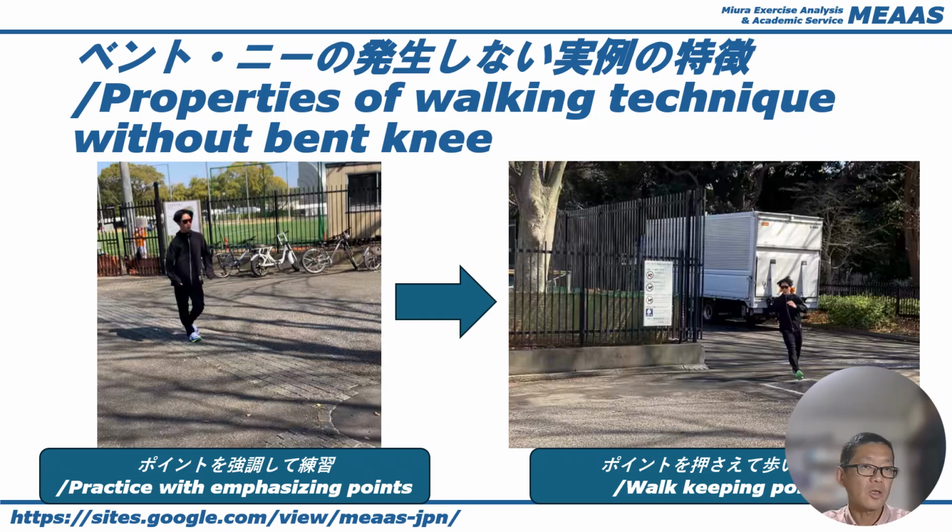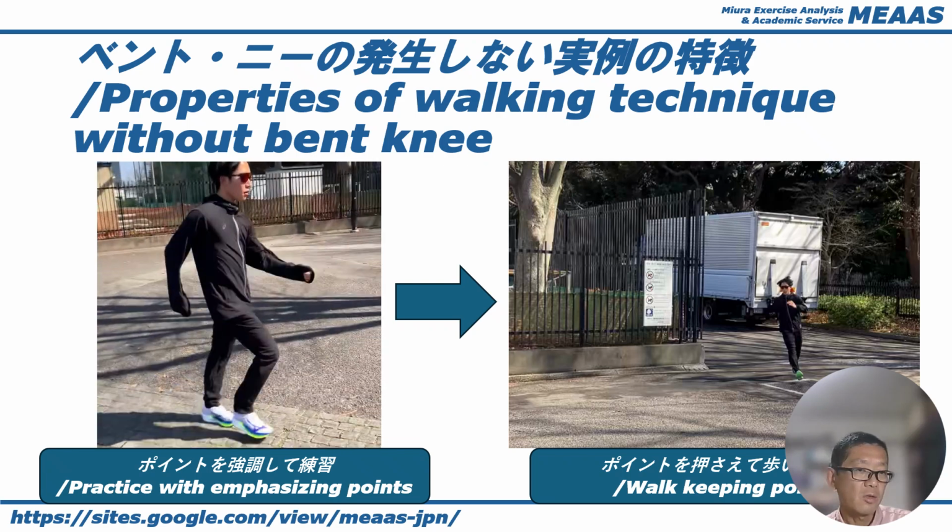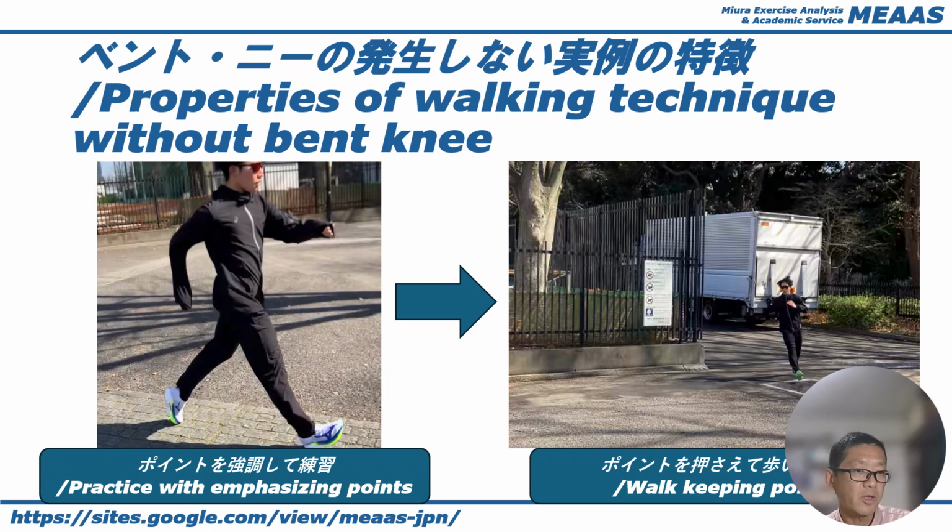And this is another example of the technique training without bent knee. This is the same as the before-last version of avoiding loss of contact. So he walked emphasizing the hip rotation.